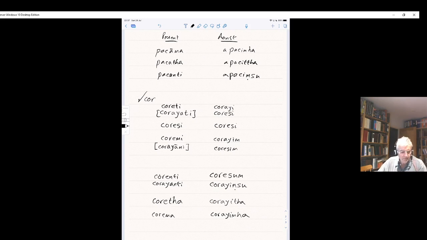Just look at the couple of variants. Particularly look at both the variants for the third person plural they, choresum or chorayimsu, and from pachati, pachimsu. Actually, there's only one form, the pachimsu, or with the augment, apachimsu. So imsu or sum, esum are these characteristic endings for the third plural.